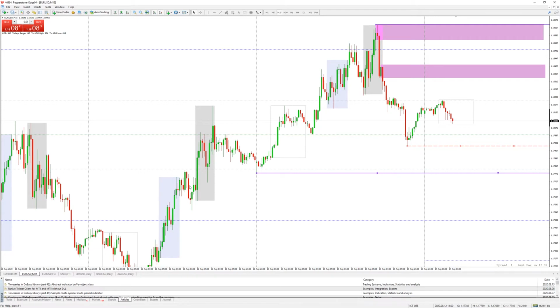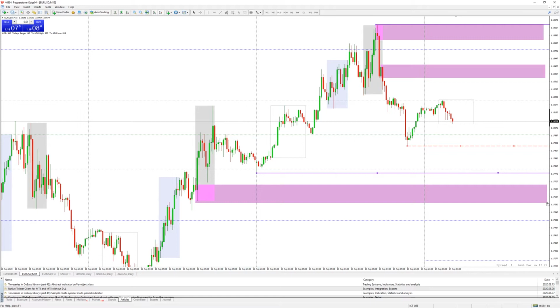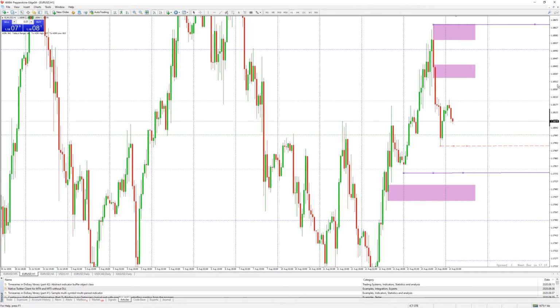There's one over here. You can put it in case price comes again later on, but it's far now. So okay, order blocks on the 15 minutes. Let's go to the 1 hour. Do you see anything on it?